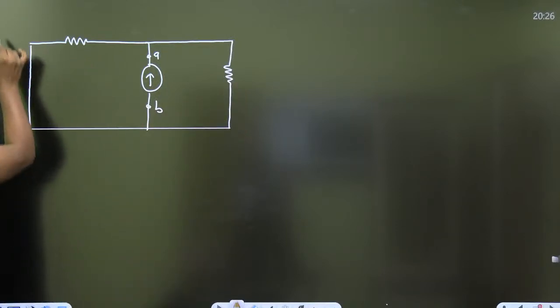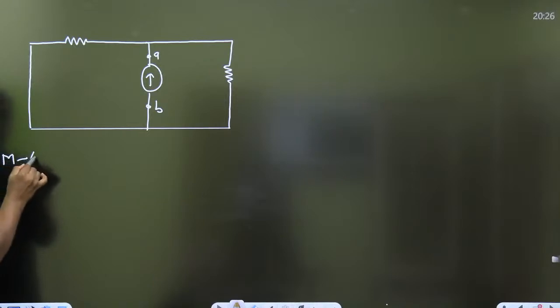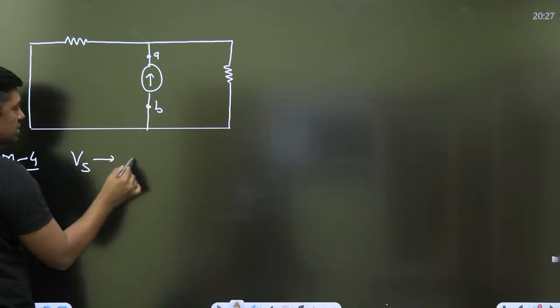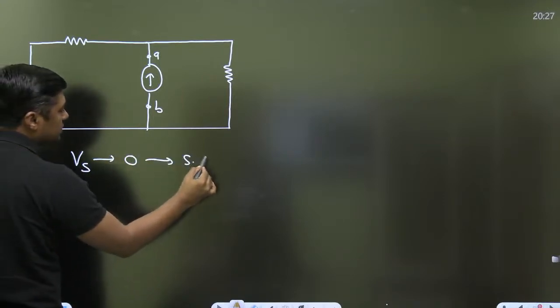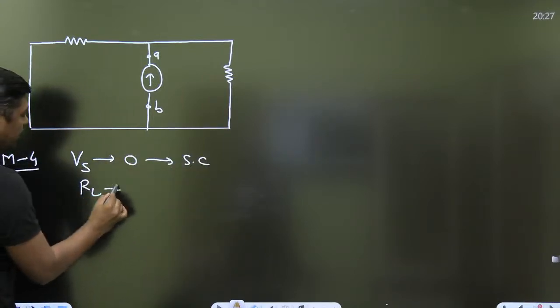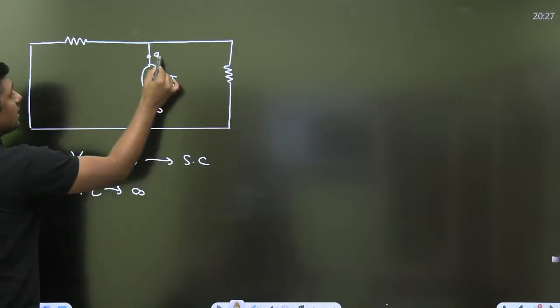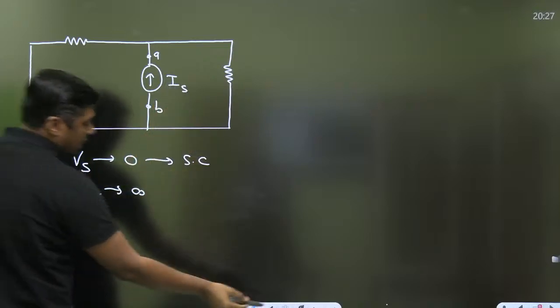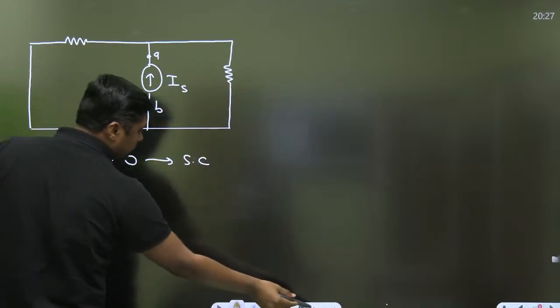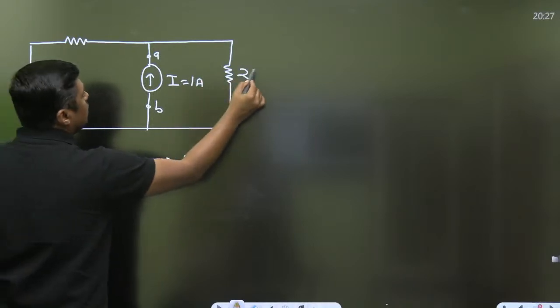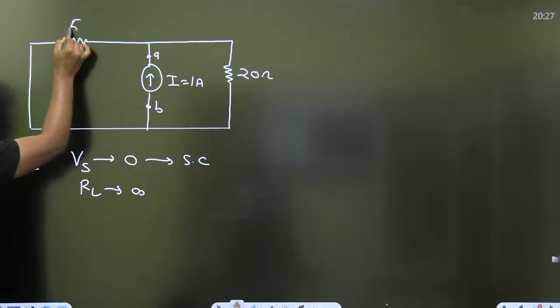Always remember, this is called method 4. Again, you have to make the independent sources equal to 0, that is short circuit. RL tends to infinite, already RL is not given. Connect IS, like a 1 ampere external source. This is the 20 ohm, this is the 5 ohm.